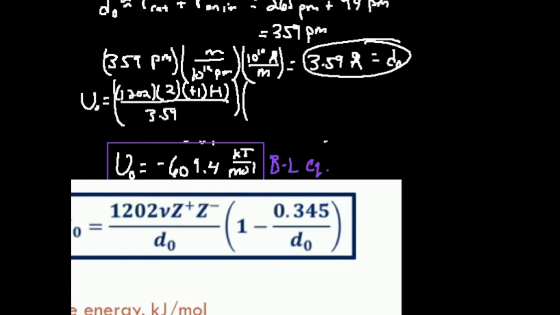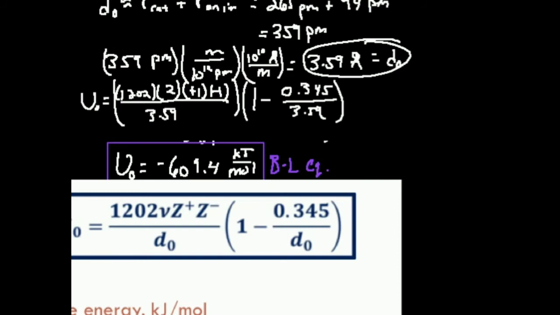Then we're going to multiply that times the quantity 1 minus 0.345 divided again by D naught, which is going to be 3.59. All right, so let's go ahead and calculate that. I'm going to take first 1 minus the quantity 0.345 divided by 3.59.